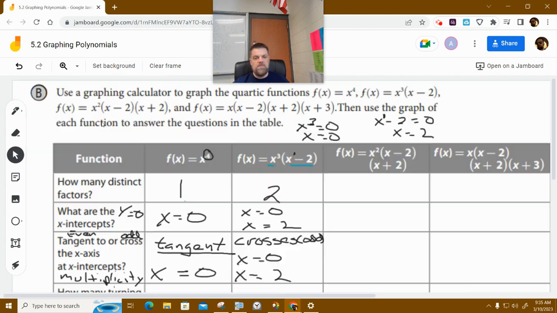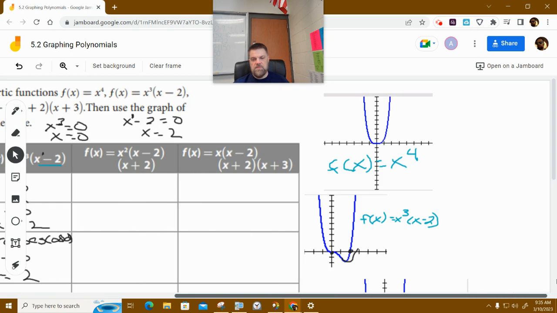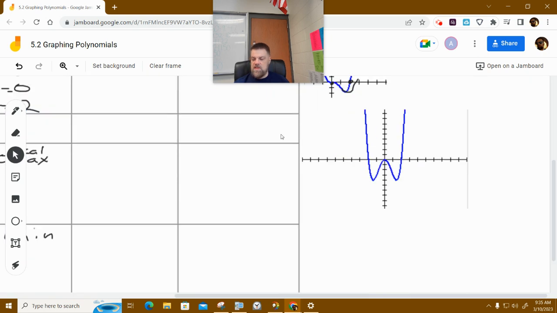This is the graph for the function f of x equals x squared times the quantity x minus 2 times the quantity x plus 2.